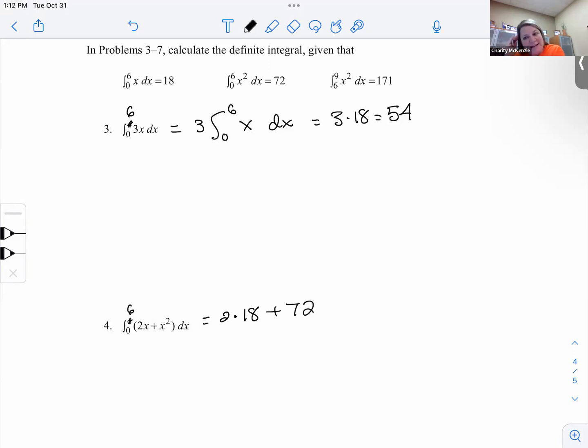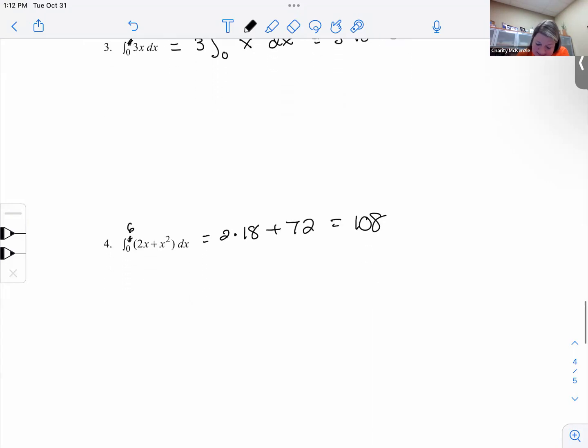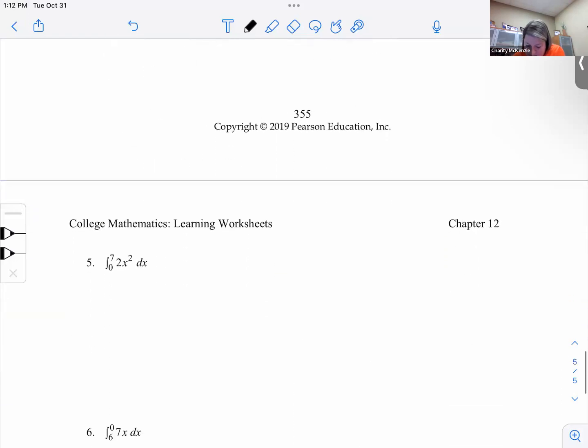So I replaced the x with the 18, and I replaced the x squared with the 72. And then you just calculate that out, 108. That one's a little weird, but that's how I would think of it, like replacing this part and this part with the values of their area there.